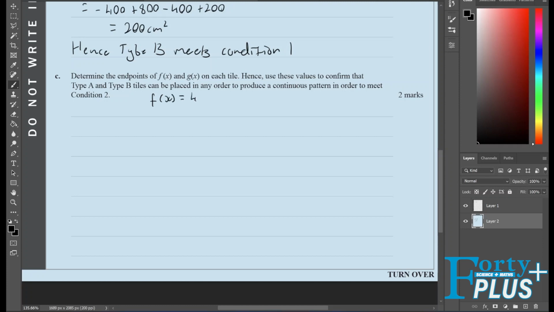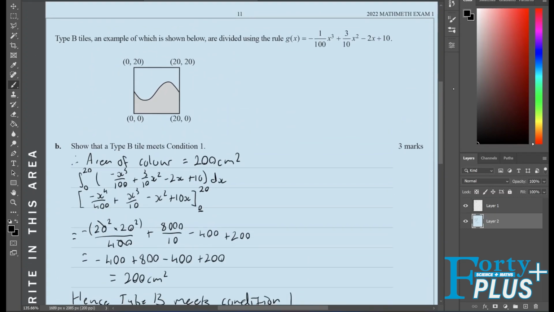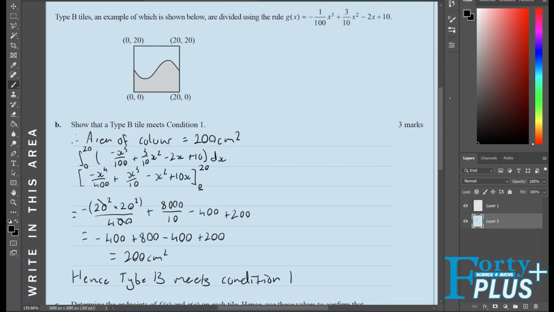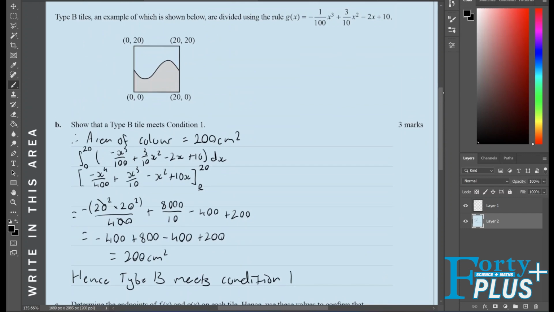So f of x was 4 sine pi x over 10 plus 10, and g of x was negative x cubed over 100 plus 3x squared on 10 minus 2x plus 10.